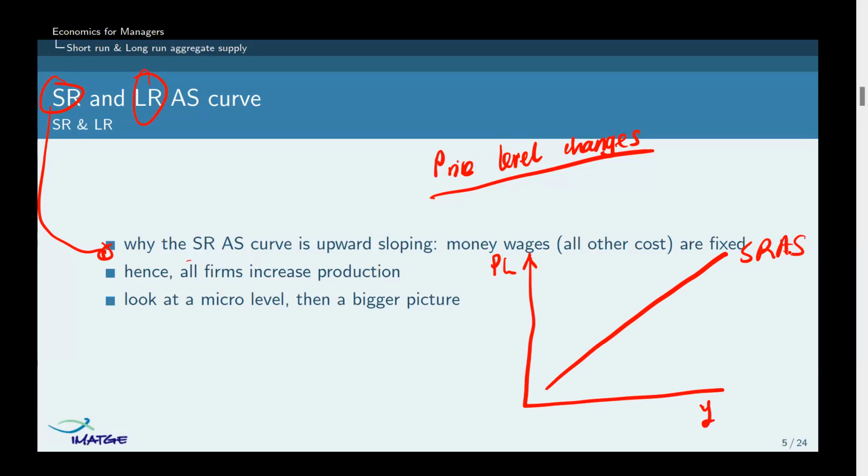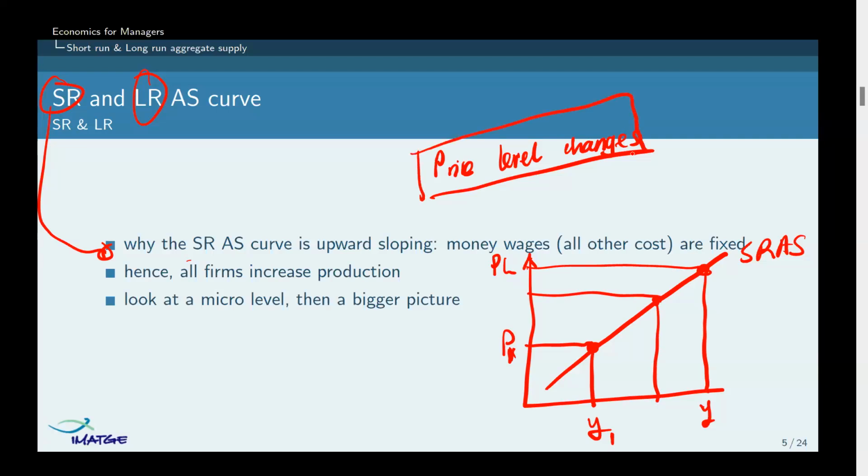It is because it shows us the relationship between P and Y. I'll start with P1, Y1, and then we have another. Why is it like that? It is because when the price level changes, money wages or other costs are assumed to be fixed in the short run.